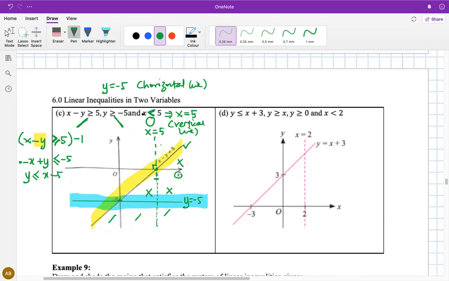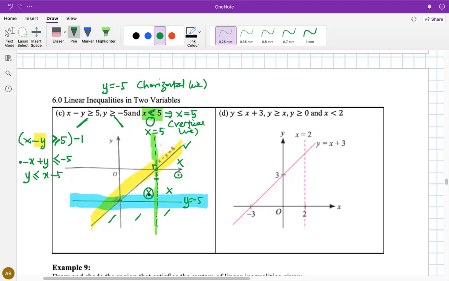Lastly is x less than 5. X less than 5, so I use green to represent x equals to 5, the straight line. Then the region that satisfy x less than 5 will be the only region on the left. So that I will just circle it.